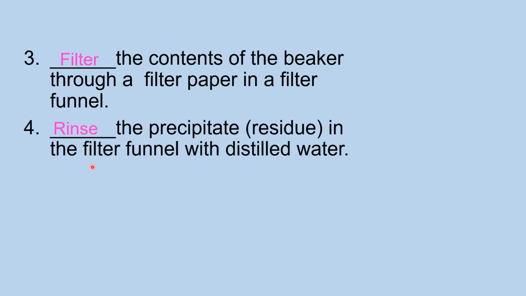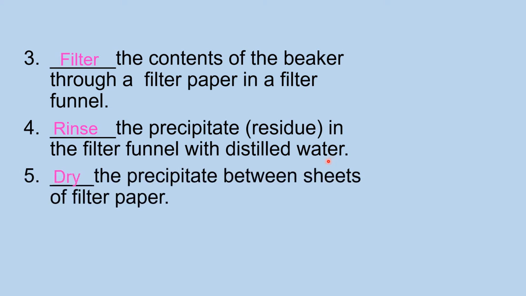Then rinse the precipitate in the filter funnel with distilled water. The distilled water, remember, it is inside the wash bottle. And last one, you have to dry the precipitate between sheets of filter paper. So remember, two solutions, you have to mention the concentration and volume, mix into the beaker, and then you filter, and then rinse, and then dry.